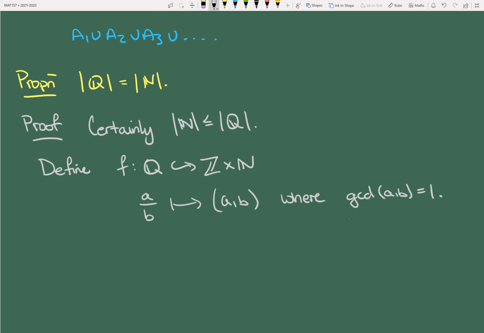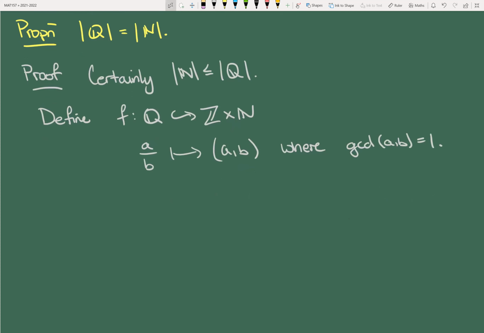Okay, so the map I'm going to define from the rationals, I'm going to define it into Z cross N. What I'm going to do is pluck out the numerator and the denominator, right? And put the numerator on top and the denominator on bottom. And if we have a negative fraction, the negative sign is always going to go into the first tuple. So as an example, 3/8 will map to (3,8).